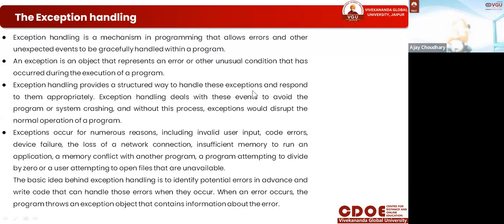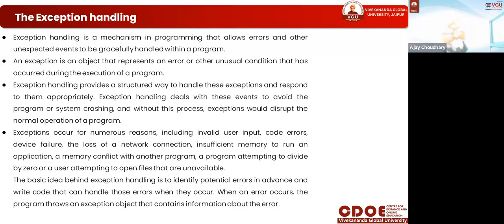And to handle these exceptions and respond to them appropriately. For example, if we write any statement with a numeric divide by zero, we have no answer, we have no output, we have an infinite answer, so it is an exception caused by the human. So we add handling for these exceptions in our code.